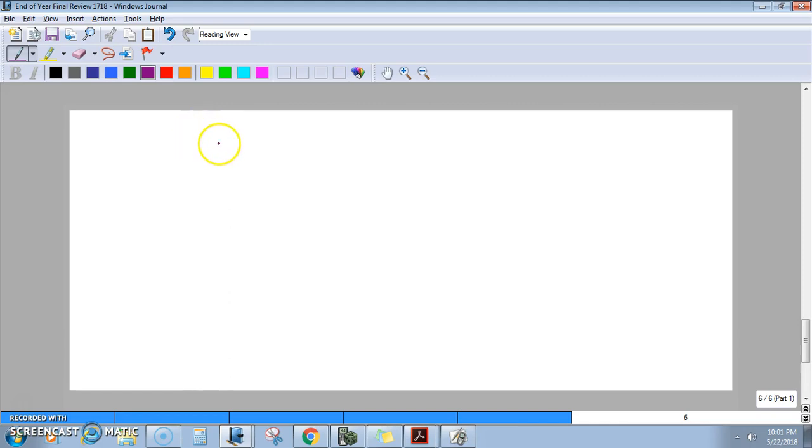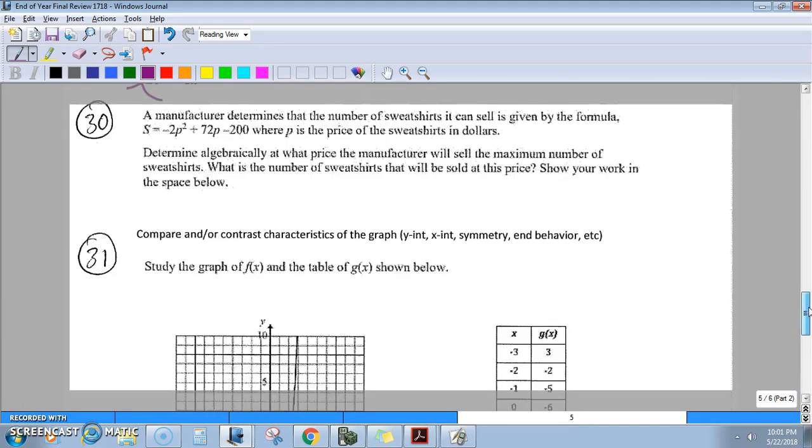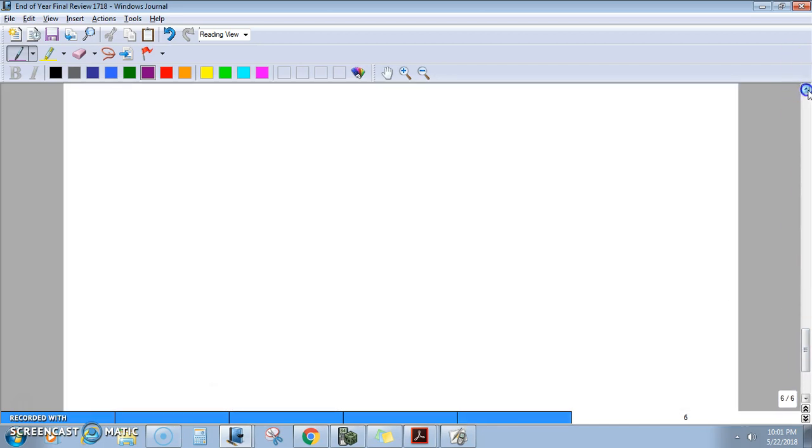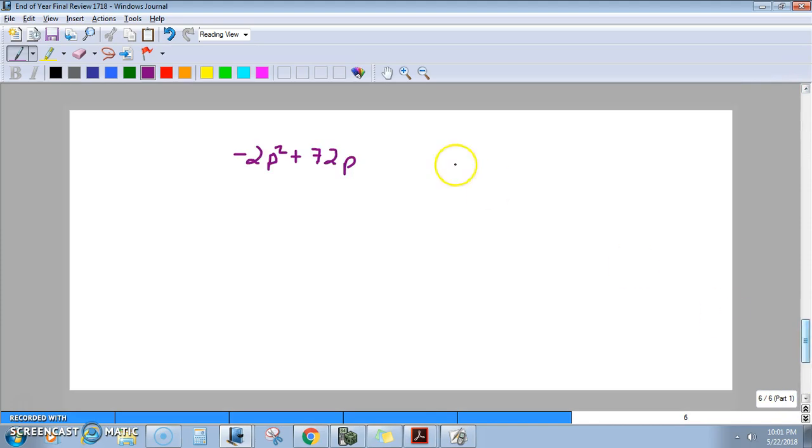So S equals negative 2p squared plus 72p minus 200. The number of sales is equal to that, and p is our price, right? So when it says show algebraically, it means it needs to see you doing the math work.